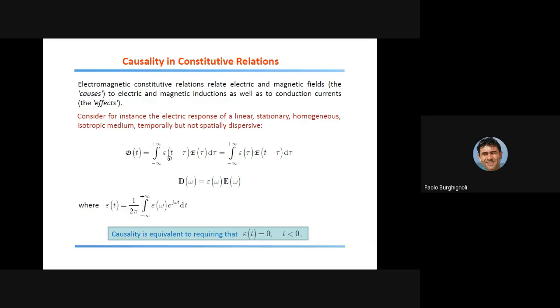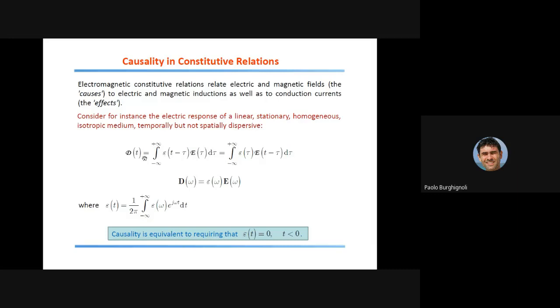And we have an integral kernel, which is the permittivity, epsilon. As you can see, this is a typical convolution integral, okay, which can also be cast in this alternative form in which the argument of the electric field is t minus tau instead of being the argument of epsilon. Those are equivalent.